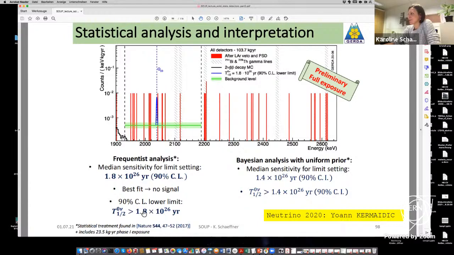So this is an order of magnitude more. And it's just amazing how low their background level is, because here in green it's indicated. This is in the 10 to the minus 4 per kilogram keV and year, in comparison to, for example, CUORE, which had 2 orders of magnitude more. So this is really nice.